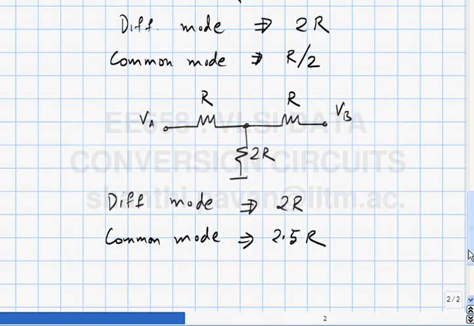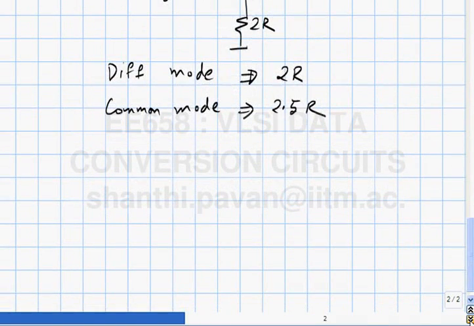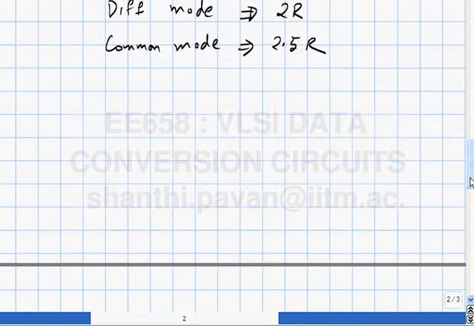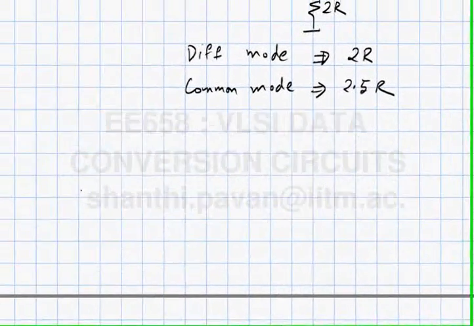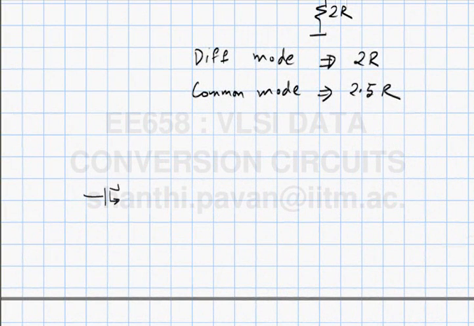Now that you understand that there is nothing fundamentally wrong with the idea that the impedances can be grossly different for differential as well as common mode signals, let's now try and evaluate the differential mode and common mode input and output impedances of our elementary op-amp that we have just designed.